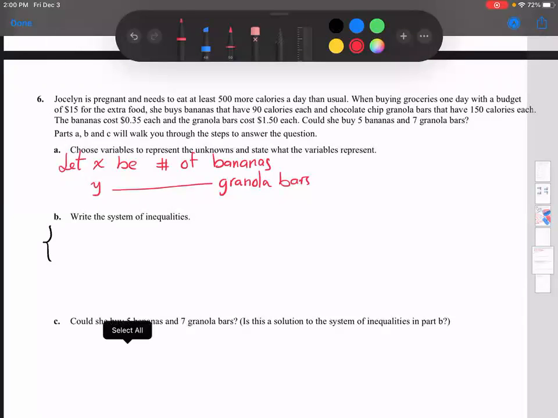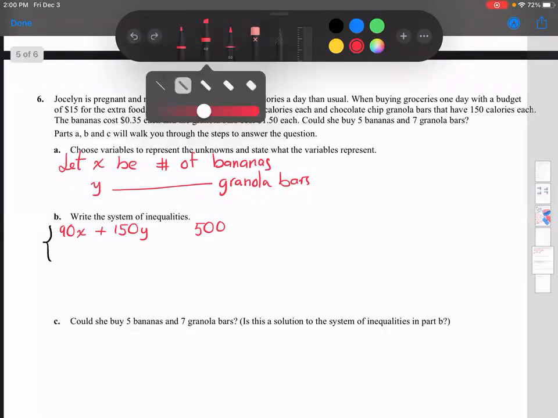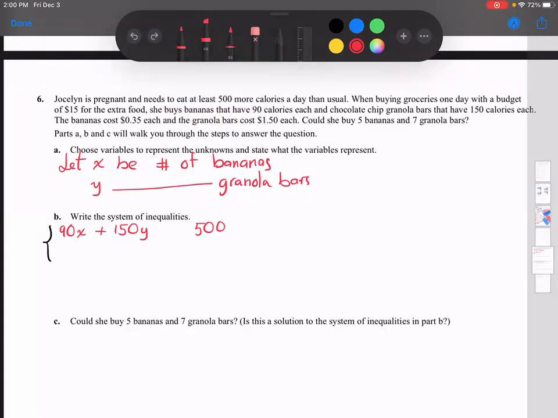So you say 90x plus 150y, and then on the right-hand side it's going to be 500, right? What kind of inequality is it? At least. So that means greater than or equal to.